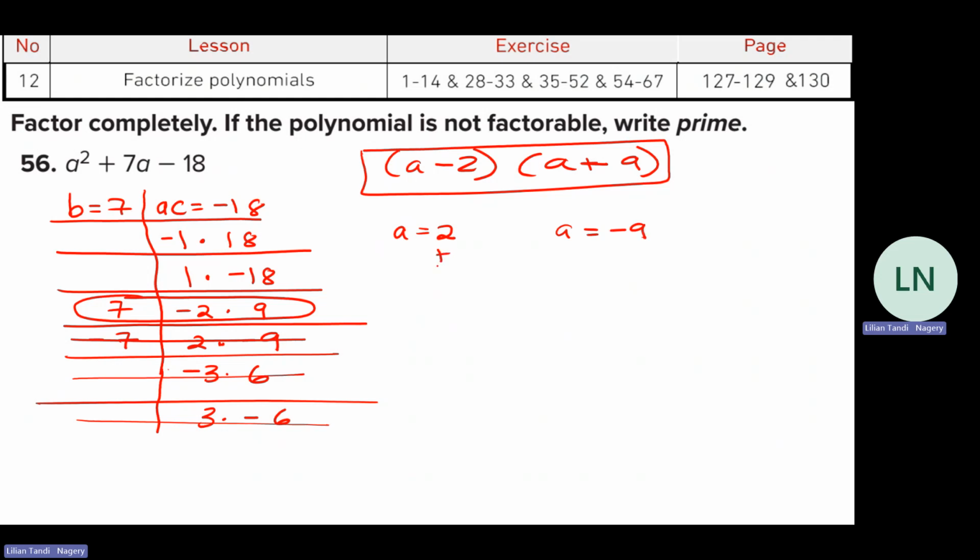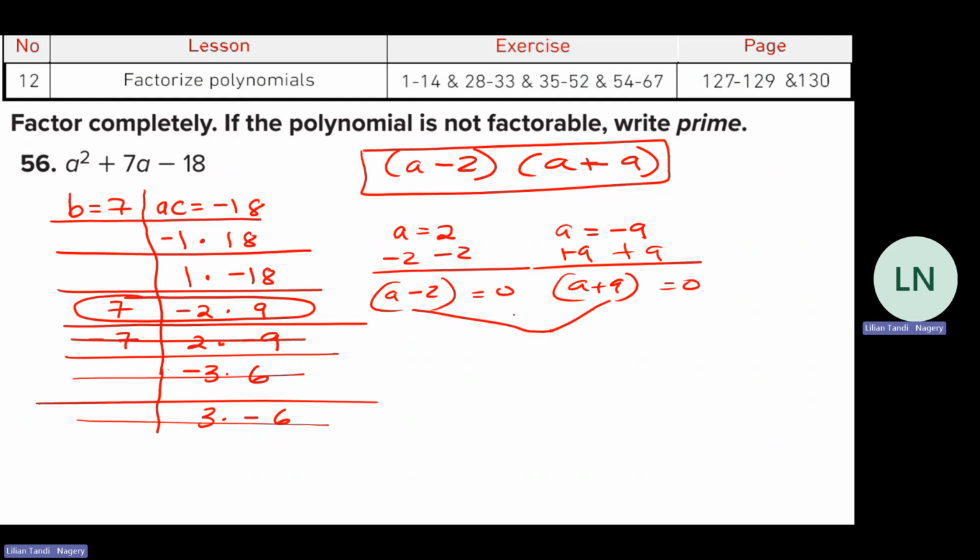So you will subtract 2 on both sides, so you'll get A minus 2 equals 0, add 9, so this will be A plus 9 equals 0. Then you take your brackets and write them as factors.